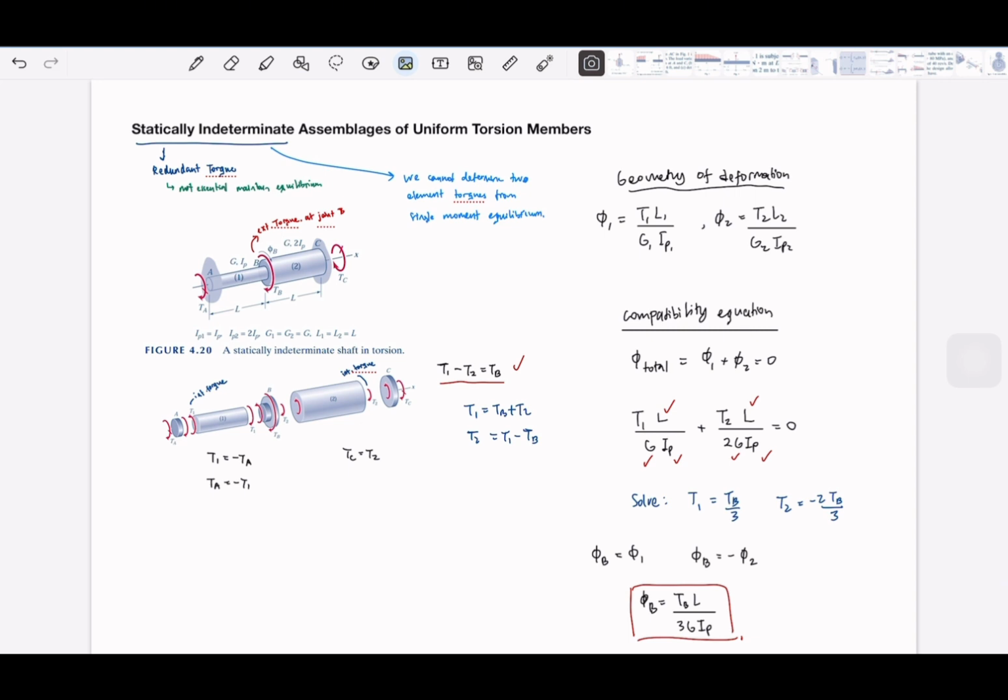Okay, so I think I will finish off torsion and add one more part just for the last sections. That will be the equilibrium of beams.